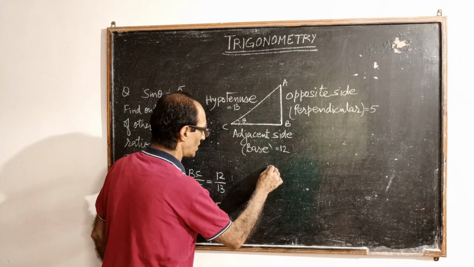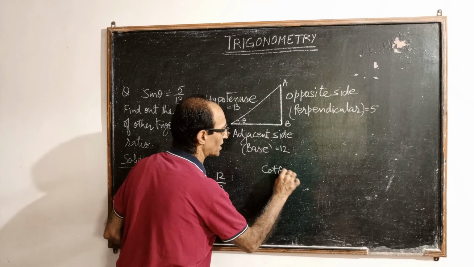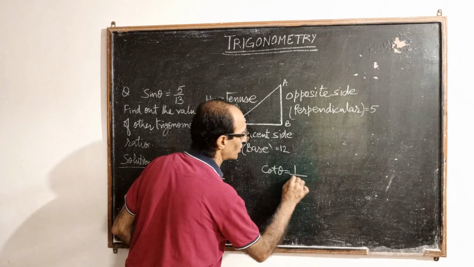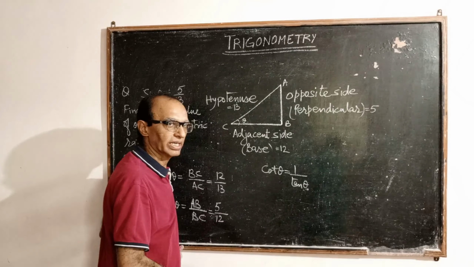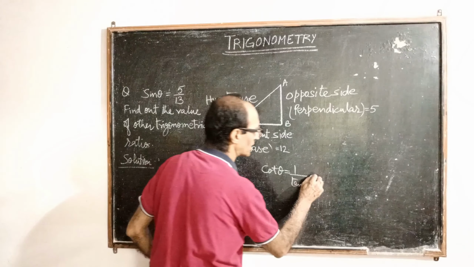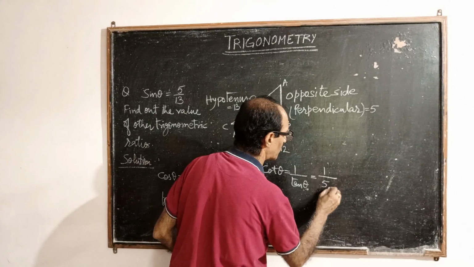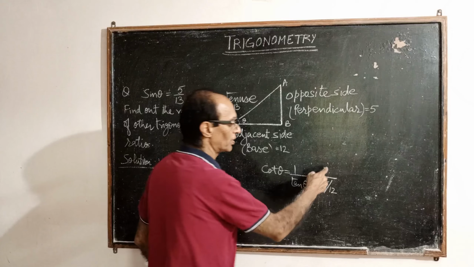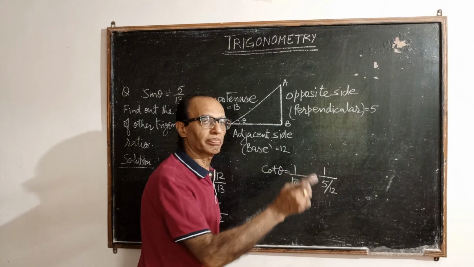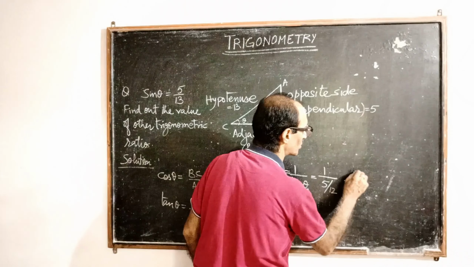Now another one, that is cotangent theta. Cotangent theta is 1 upon tangent theta. We can work it out this way as well. That means it is 1 upon 5 divided by 12. Now 12 being in the denominator of denominator, that will go into the numerator.